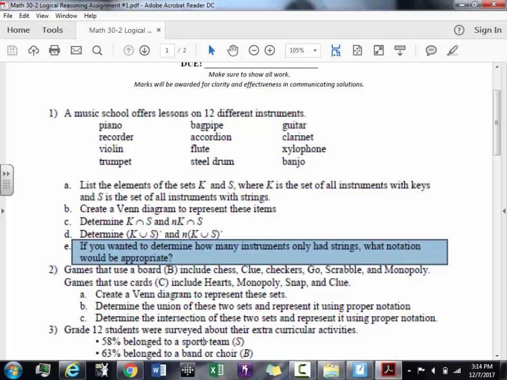So if I go back to the picture I have up here, how do I notate only strings? Yep, S/K. Only strings would be take all of the strings and then slash off the keys ones. So S/K would be the answer to this one. That makes sense? All right, cool.